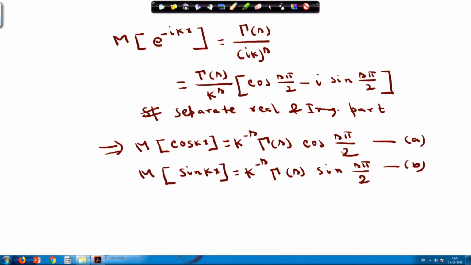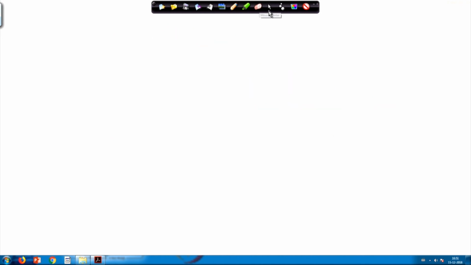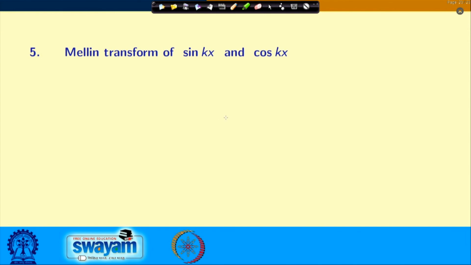And I will just show you the application of this. Using this Mellin transform, you can find out the Fourier cosine transform and Fourier sine transform of the functions also, of this function itself. So, that I will show you.